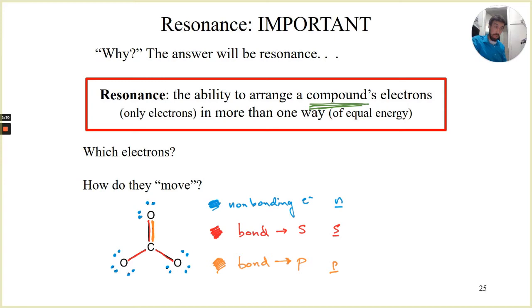Okay, so to that end, let's go ahead and take a look at the S bond. Okay, and we're going to start with the first S bond that I labeled.